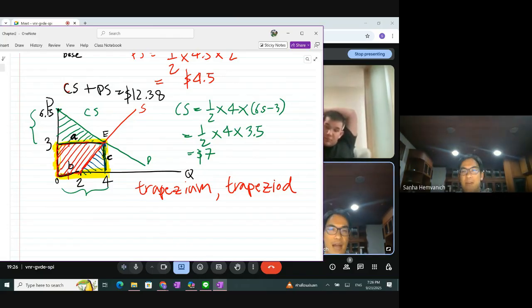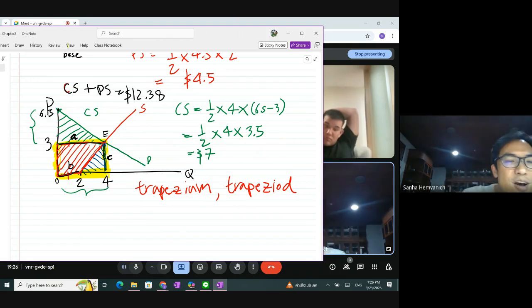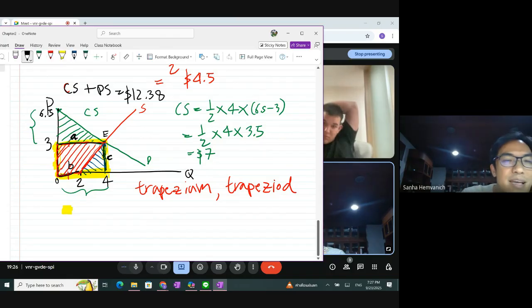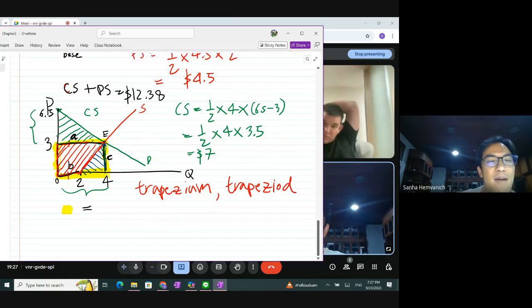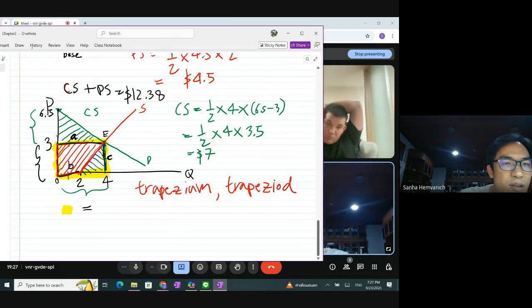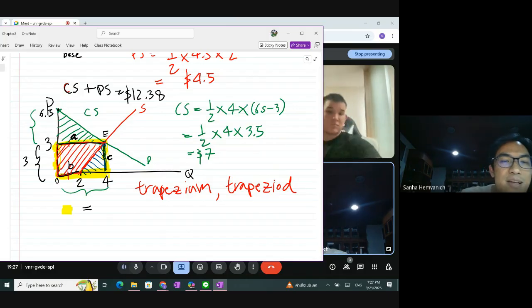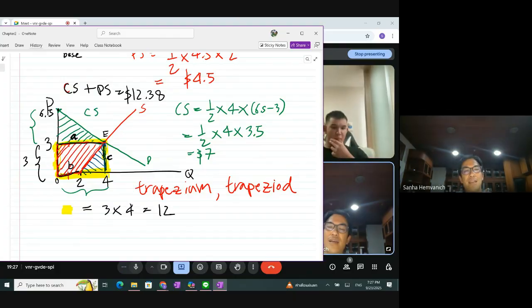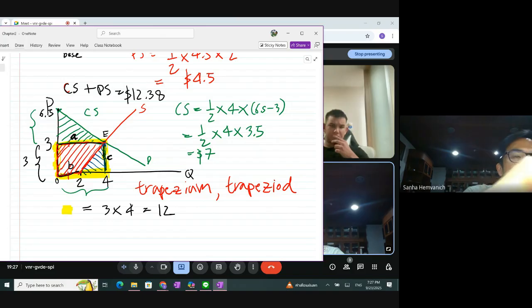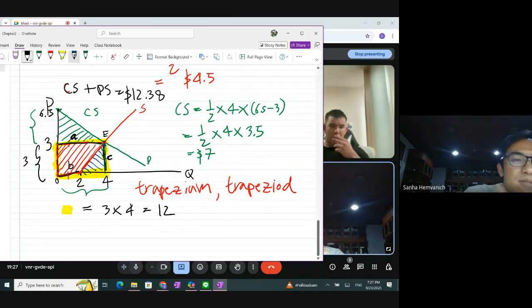What is the area of the rectangle? The rectangle is just side multiplied by side. The orange rectangle, you can see this side is 3, from 0 to 3, and the other side is 4. So the yellow is just 3 times 4, which is 12. Now, what about the blue triangle?